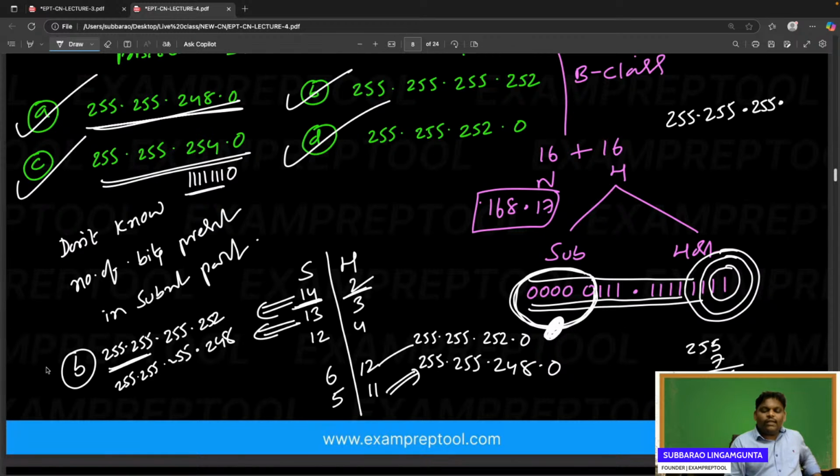What about 13? Bro, what is the 13? 13 means how much? 13 means 128. 13 means what? I think this side, that side 3 will be there.